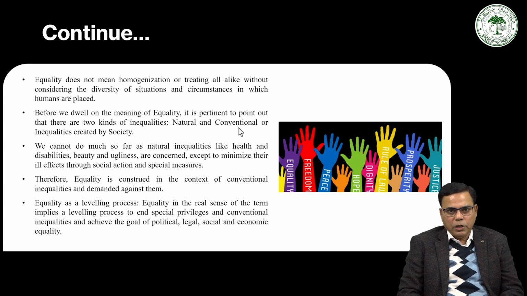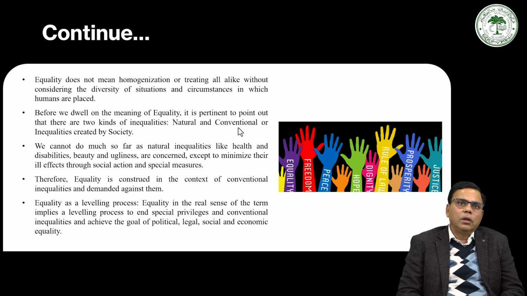Some people had special privileges in the society; some jobs were there for them only. All these forms of equality are important, so the state has to go for a leveling process.